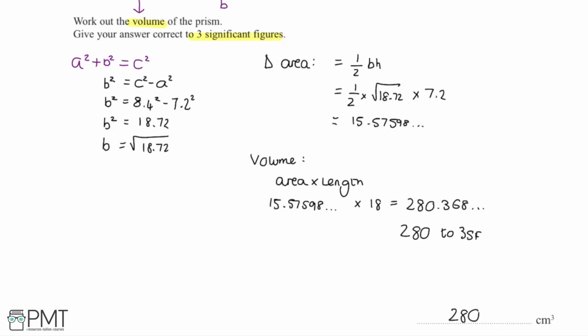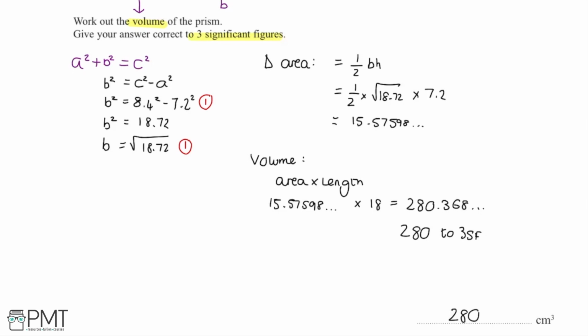Now, as for how the marks are awarded here, the first mark is for starting a process to find this missing side. So this calculation here would have gained me a mark. I would get the second mark for finding the correct value for B, so the missing side here.